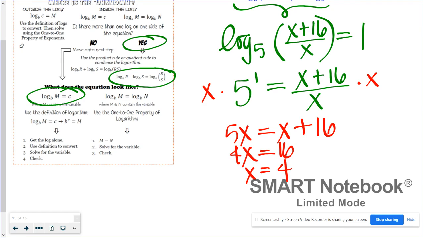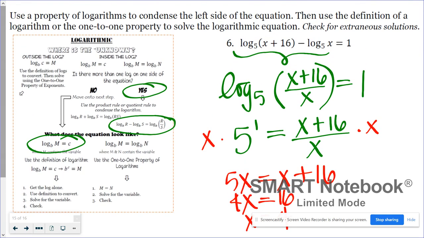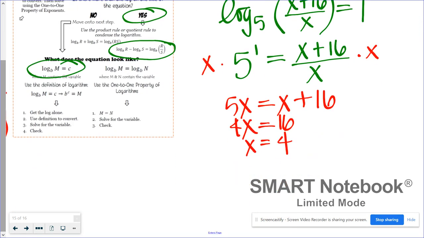And then I just need to check and see, is 4 an extraneous solution or is it an actual solution? So if I plug in 4 here, 4 plus 16 is 20. 20 is positive, so it checks out. If I plug it in here, I get log base 5 of 4. 4 is positive, so it checks out. So x equals 4 is indeed the solution to my equation.